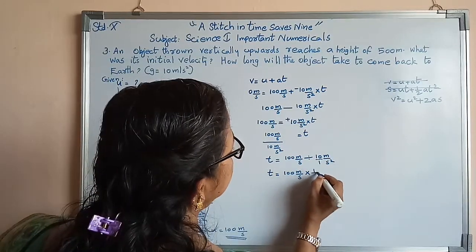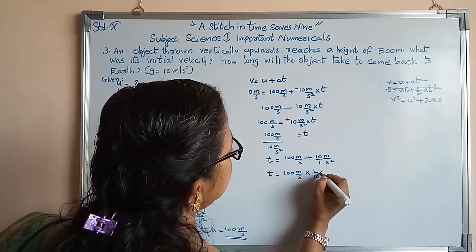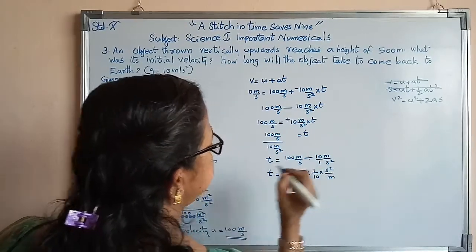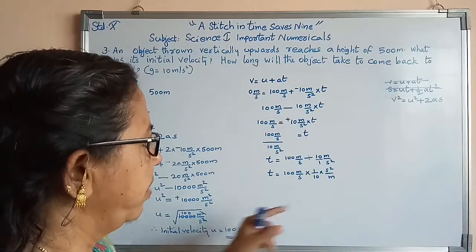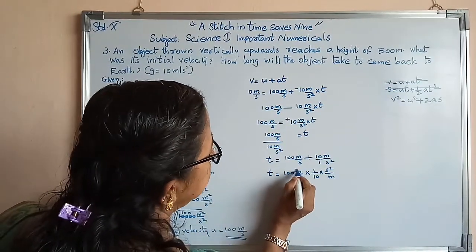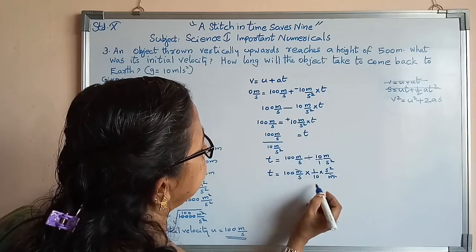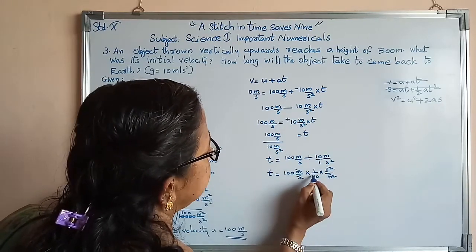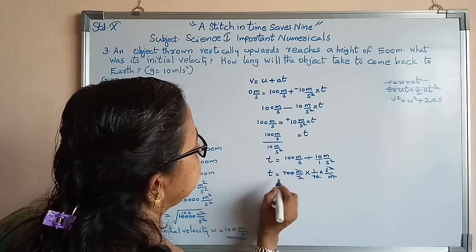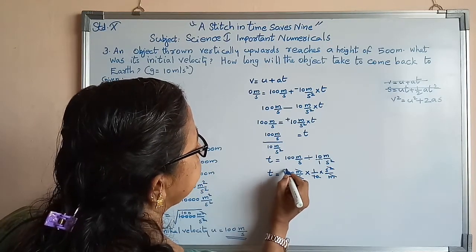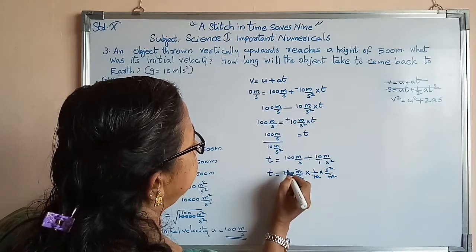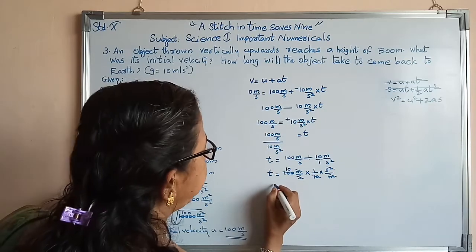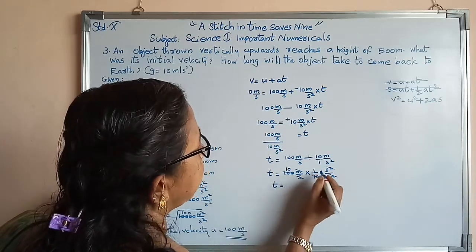Then 1 upon 10 into second square upon meter. Now common things all we can cancel. That is meter, meter I cancelled. This square and this second I cancelled. This 10 and this cancel. This 100 I cancelled. Then cutting work I done. So 10 in 100, 10 times. So our t is equal to how much?